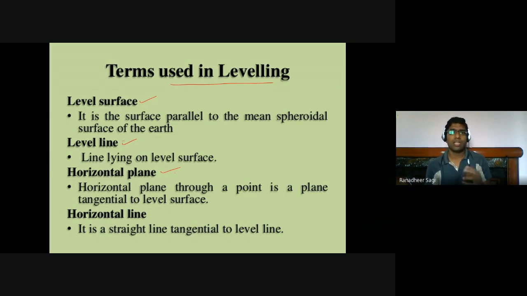I repeat, a horizontal plane is a plane you define by drawing a tangent at any point on your level surface. Okay, so that plane is what we call your horizontal plane. And on that horizontal plane, if I represent any line, then that line is what we call your horizontal line.